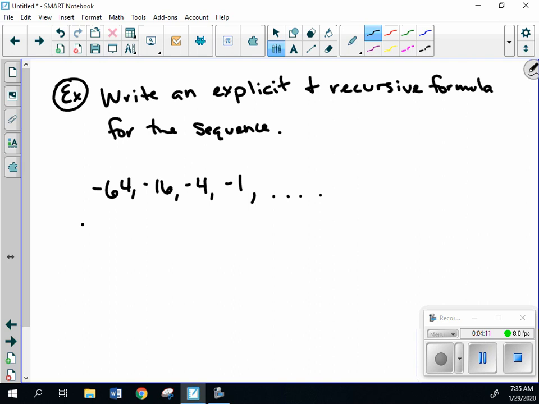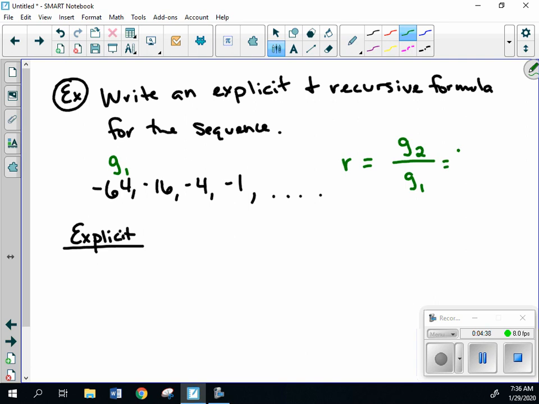Okay? So our explicit, looking at this, the first term is negative 64. What's happening each time? If you're looking for that common ratio, remember it's g 2 divided by g 1. That's going to get us our ratio.